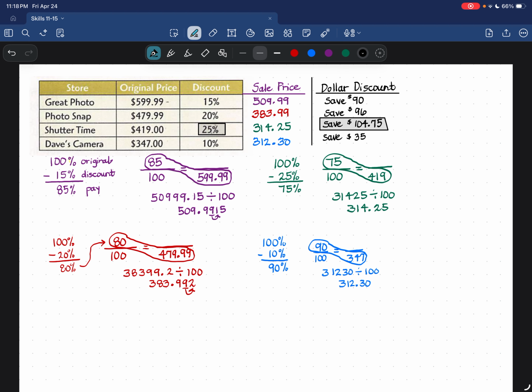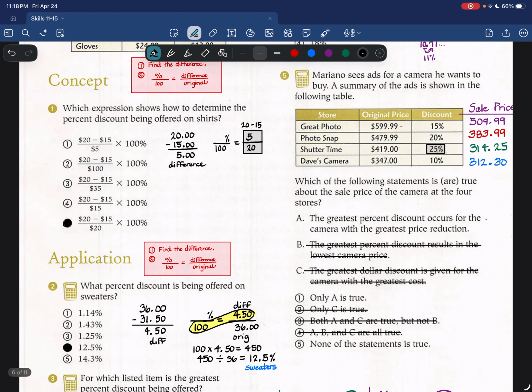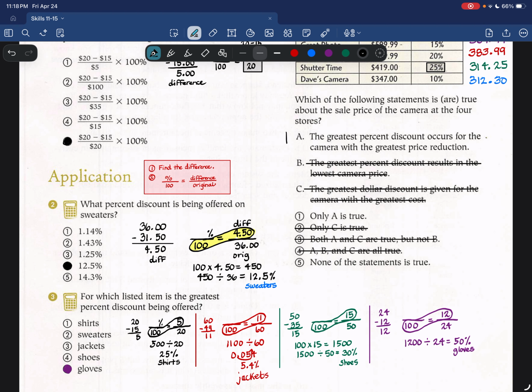That is true, because that 25% discount gives me this price reduction. That's why it was giving me trouble, because I wasn't seeing this data and I needed to. So A is true. Let's go back over here. We know that A is a true statement. So I can eliminate number 5 and choose number 1.